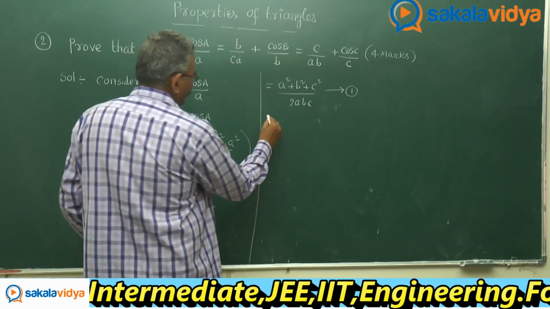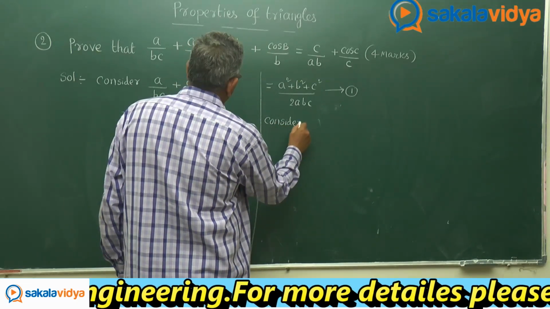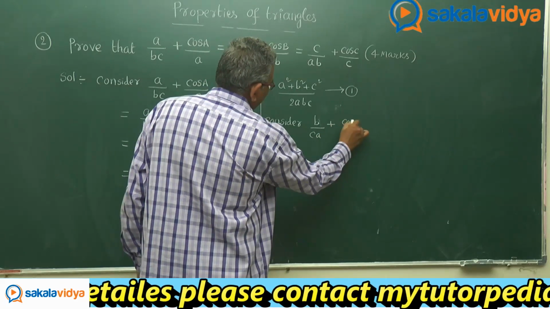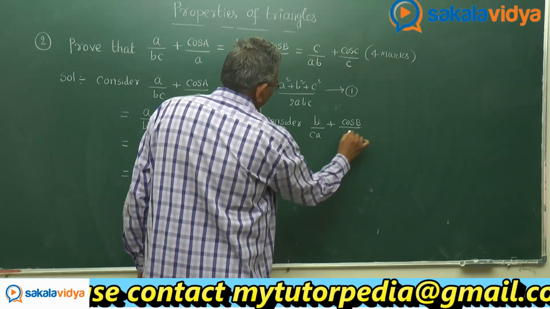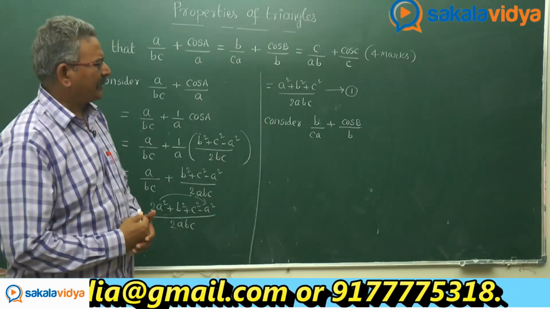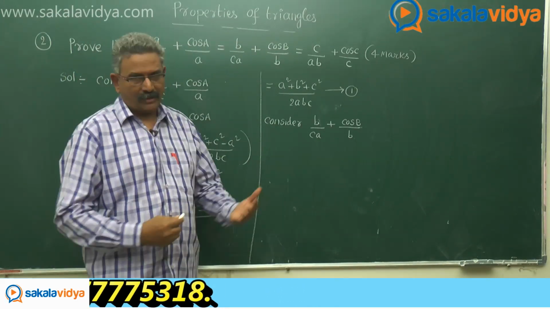This time consider b/ca + cos B/b. Generally it may be left to you for exercise, but let us do it. But you do your own, and after that you watch my video also.